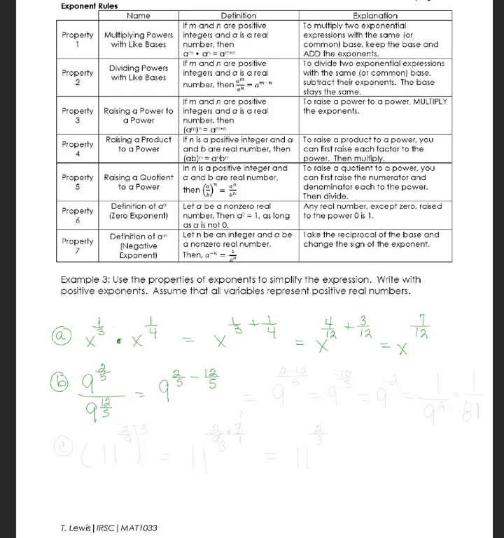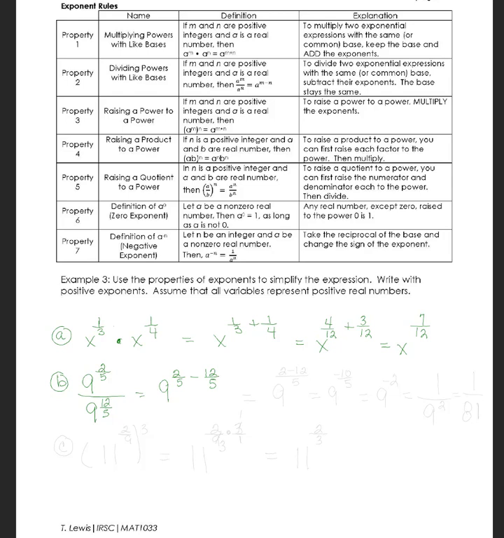Let's just say that it said 9 squared over 9 to the 12th. That means, if I told you to expand this out, you have 2 factors of 9 over 12 factors of 9. We don't just automatically divide out the 9s. You got it? Okay.